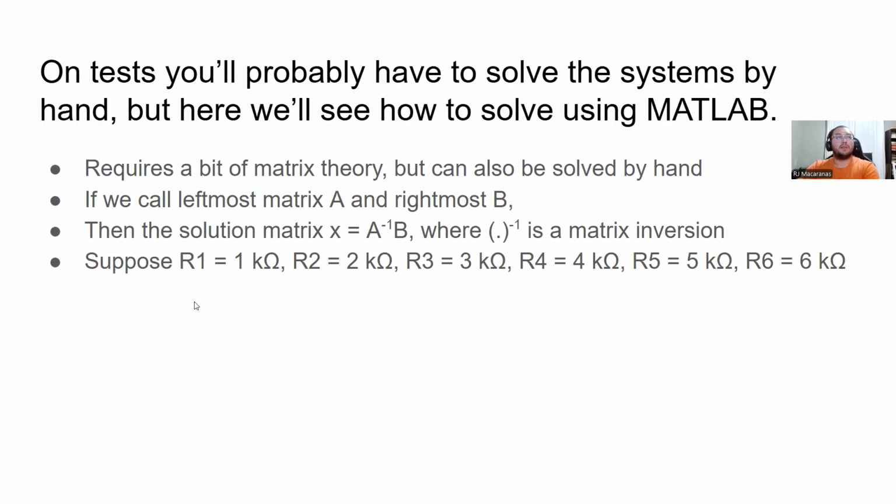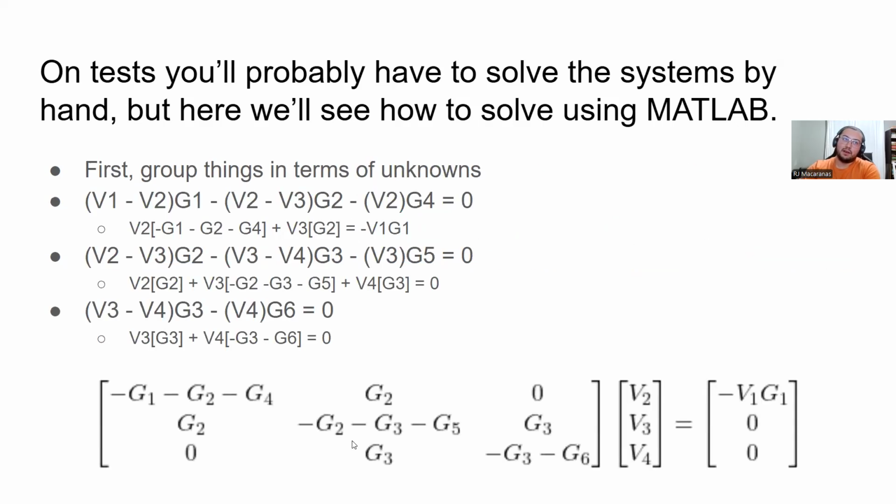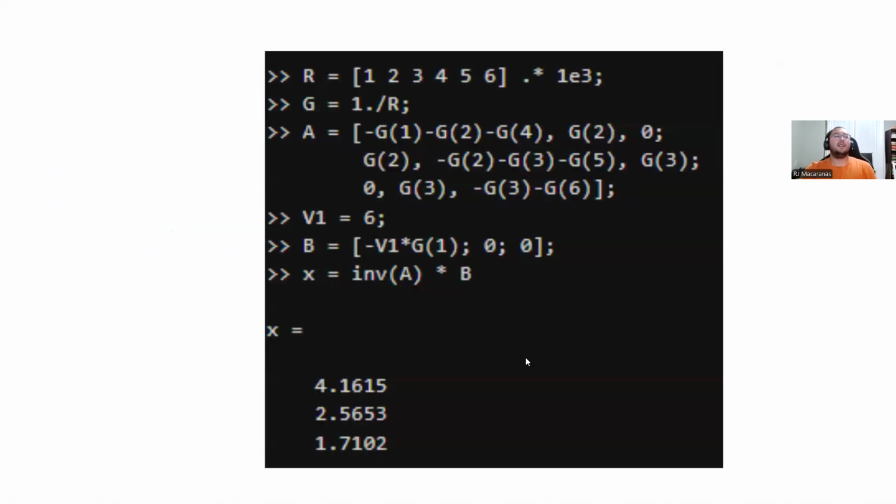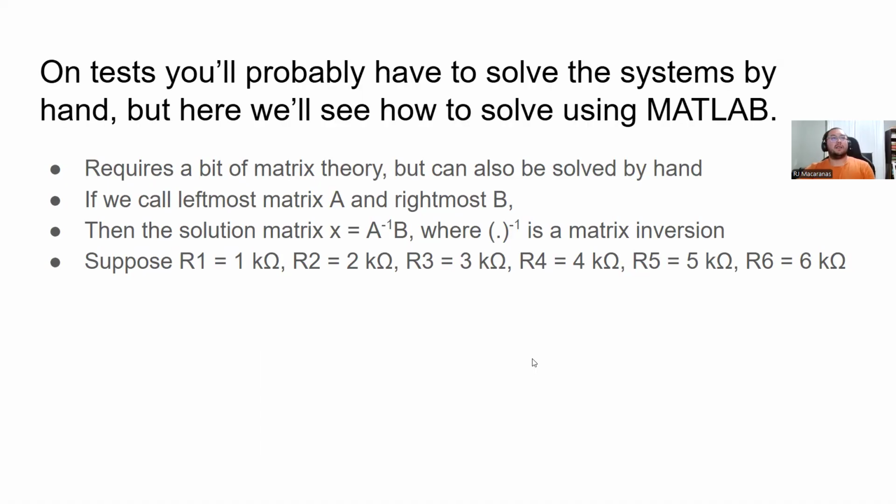So now we can actually go and solve this in MATLAB pretty easily, once we have all the resistances. I've got conductances here, but at the end of the day, that's just the inverse of a resistance. My resistances are just very arbitrary: 1K for R1, 2K for R2, and so on all the way up to R6.